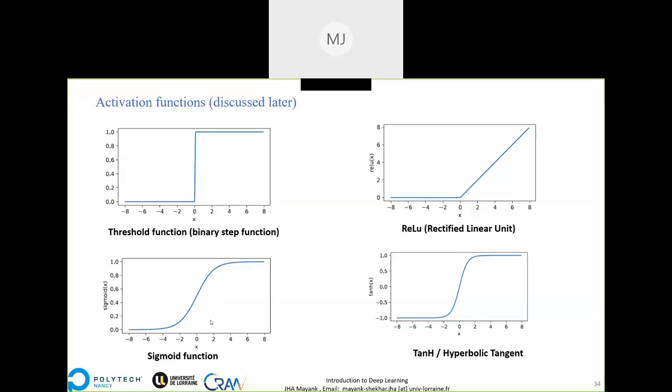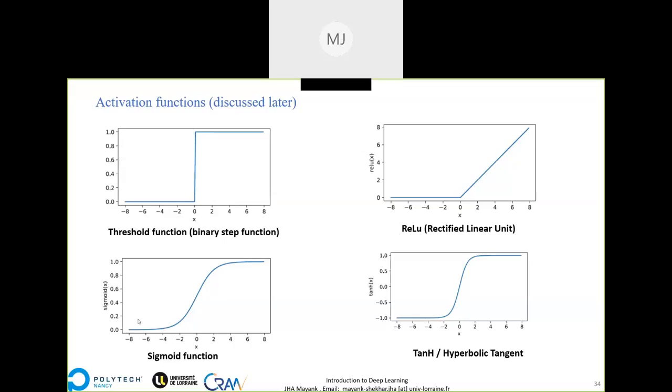So the sigmoid function we talked about. Now let's look at the hyperbolic tangent function. You will appreciate the fact that this function is very similar to the sigmoid function, but let's look at its range. Its range is pretty large, larger than the sigmoid function.